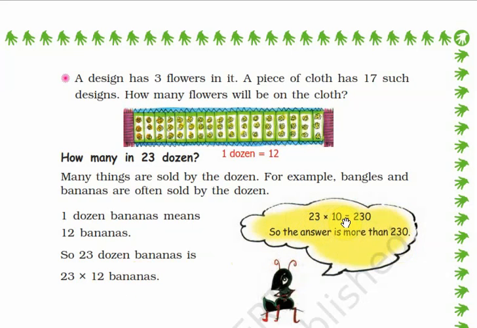Here 23 is multiplied by 10 because 12 is more than 10. So this ant is multiplying 23 with 10 and it got the answer 230. And it is saying that the answer will be more than 230 because 1 dozen means 12 bananas, that is more than 10.